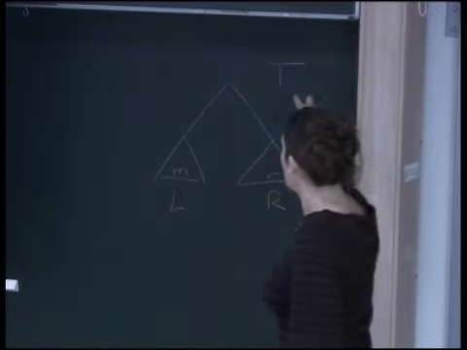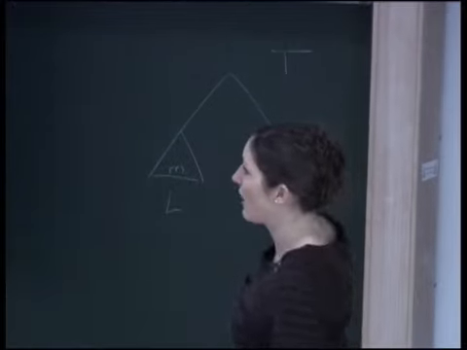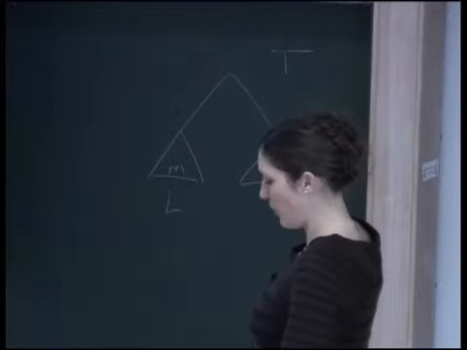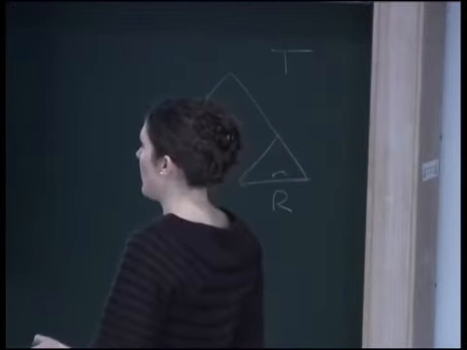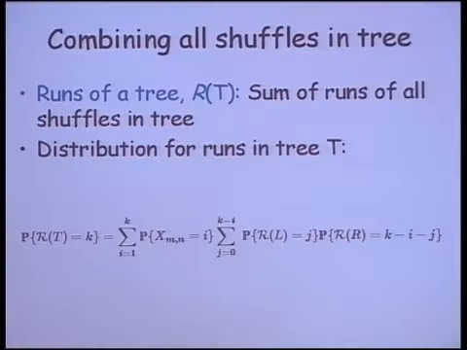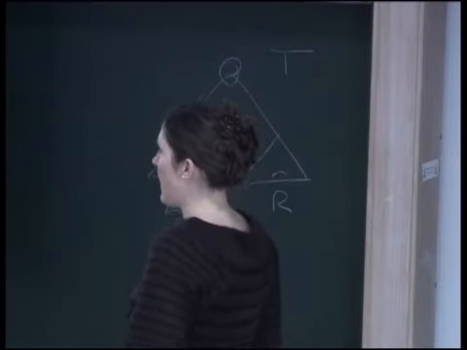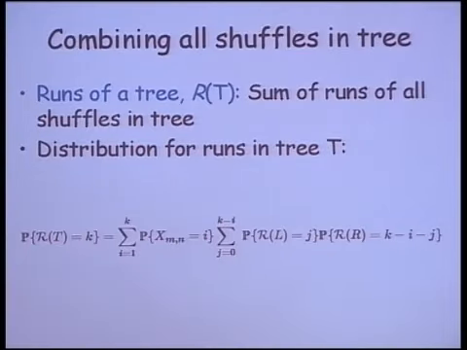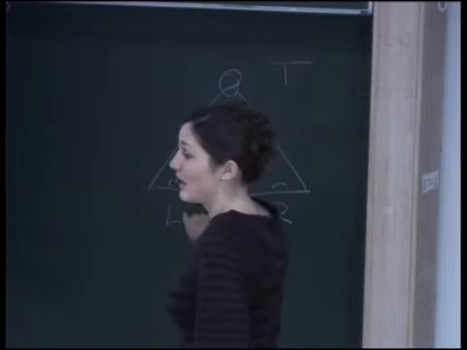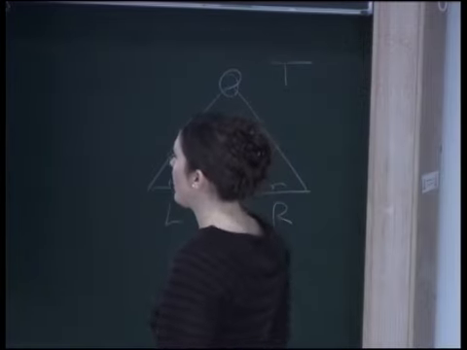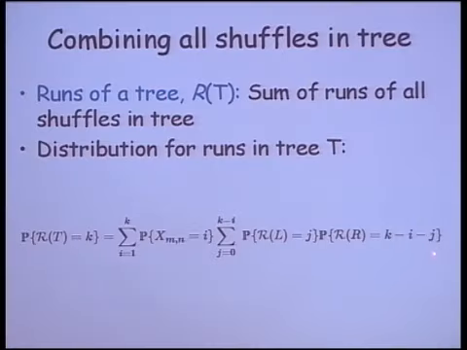The probability that that tree has exactly K runs is the probability that, first of all, the MN shuffle, so the shuffle on that vertex, has, let's say, I runs, times the probability that in the left subtree we have J runs, and in the R subtree we have K minus I minus J runs. So overall we would have I plus J plus K minus I minus J, which equals K runs.